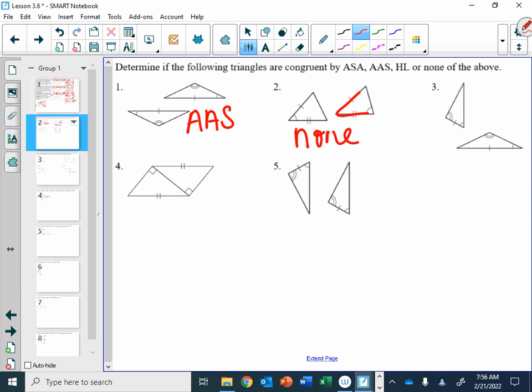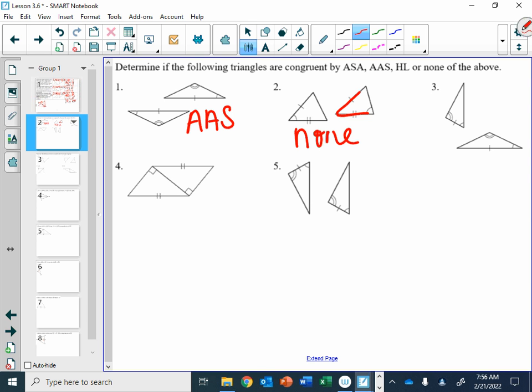Okay, so let's do something like, I'm talking about the one. If it's like a leg in the middle of it, and the little arcs, yeah, the arcs. That it will be angle, side.